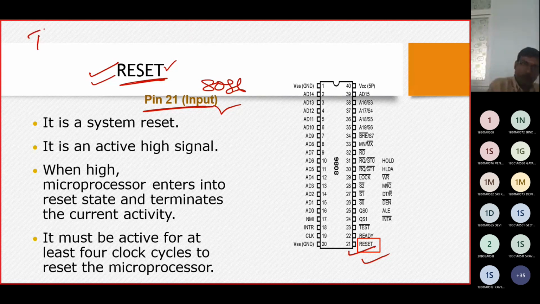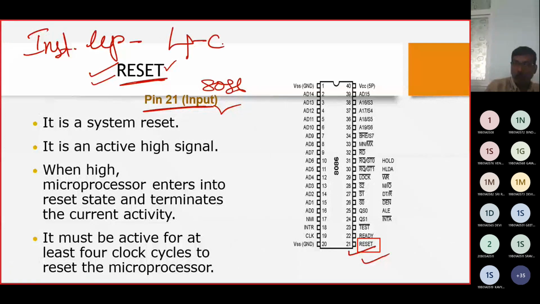Next one. Every instruction in a microprocessor will have 4 cycles.